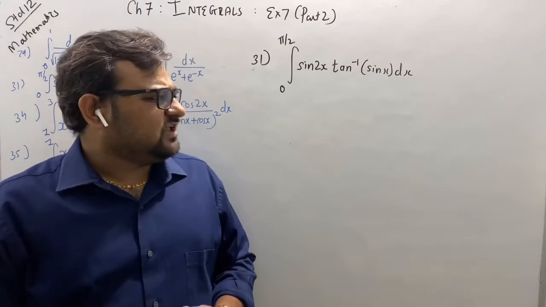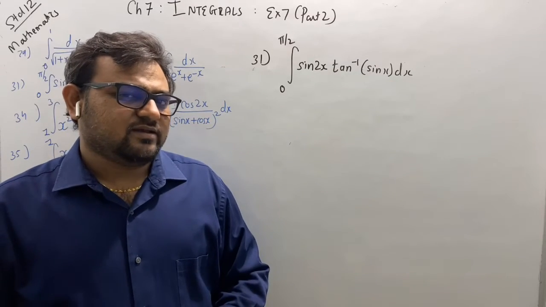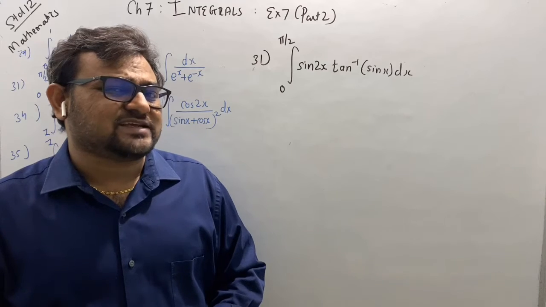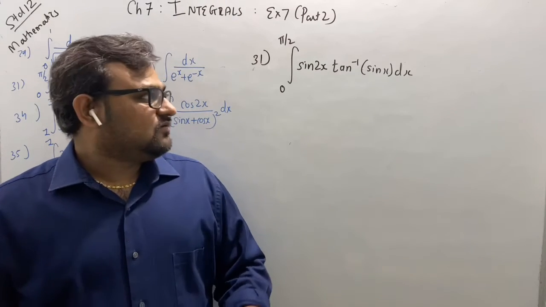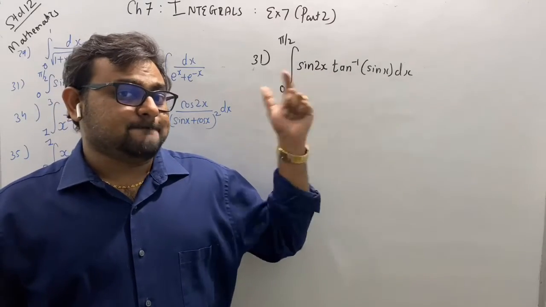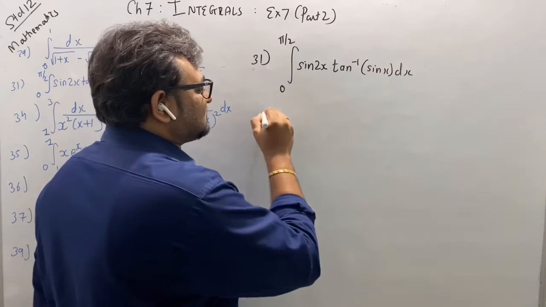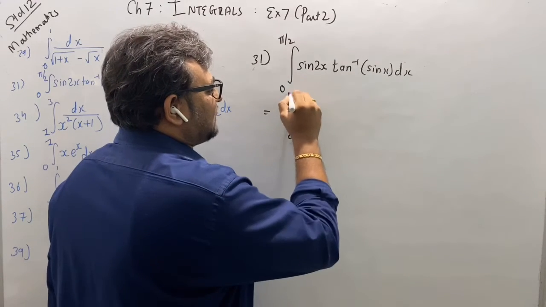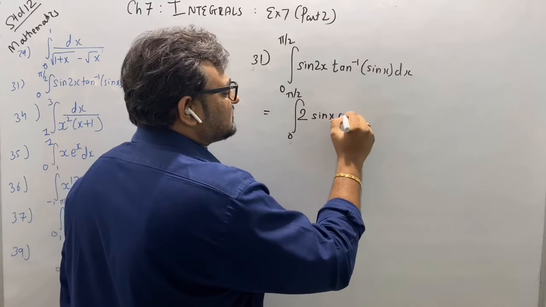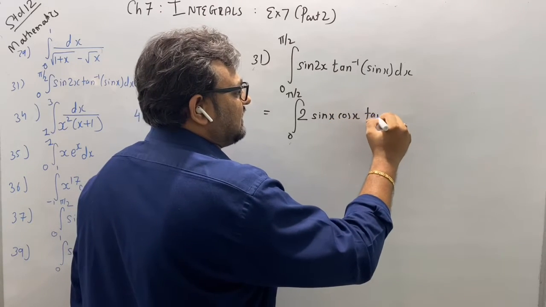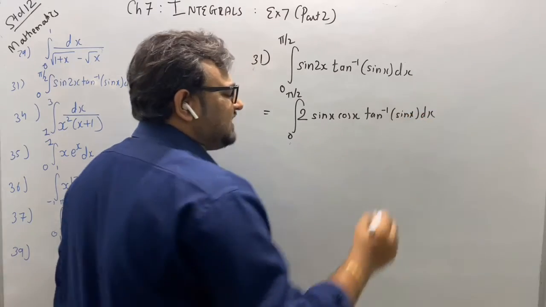Okay, so definitely you will get a hint that you can assume sin x as t, right? If you are assuming sin x as t, what is its derivative? Cos x dx. We are not having cos x, but we have sin 2x, so we can split this. What is sin 2x? 2 sin x cos x, and tan inverse sin x dx.